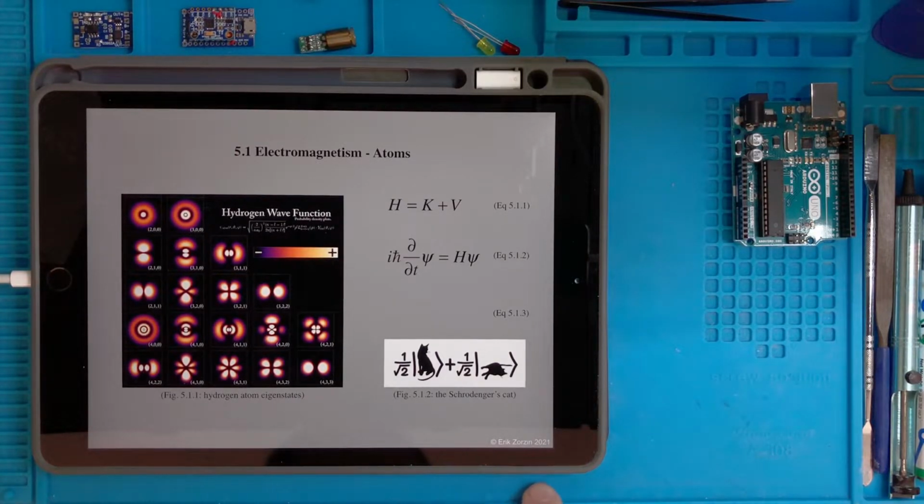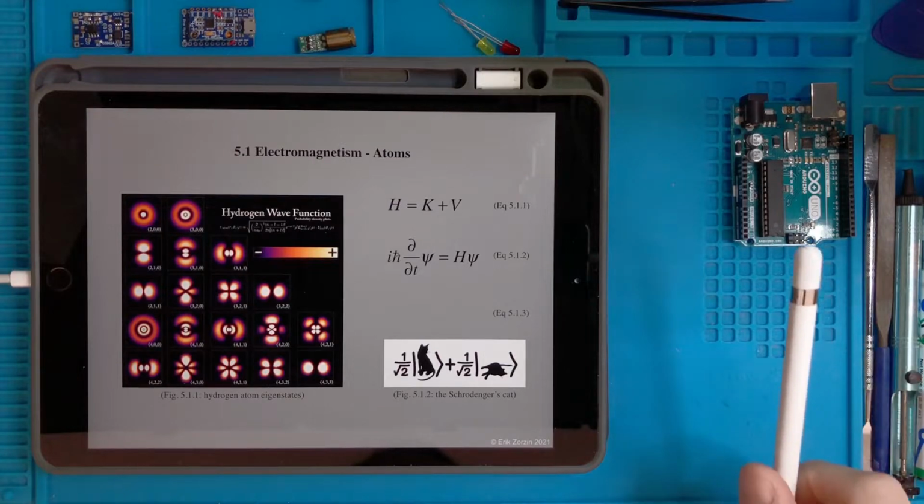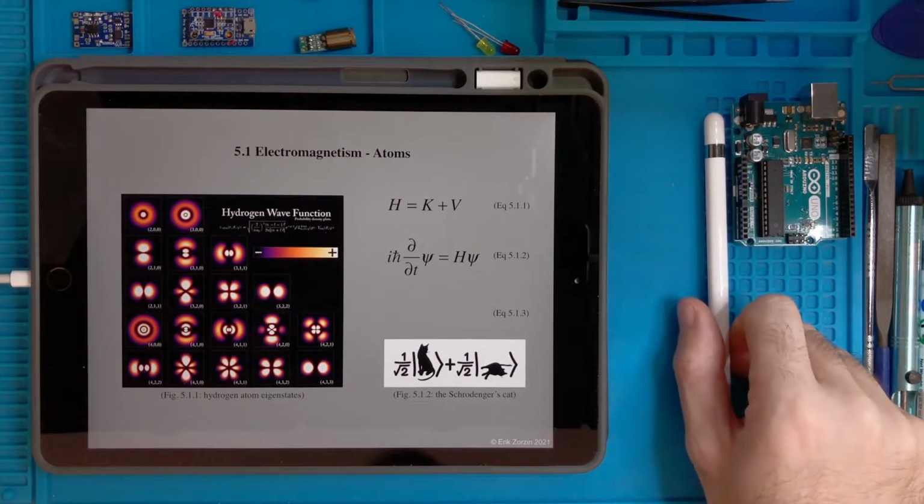This doesn't mean that quantum mechanics is not important in electronics. It is important, but from the point of view of the design of the components, not for using them.